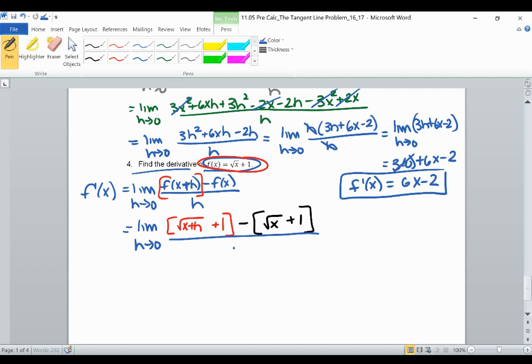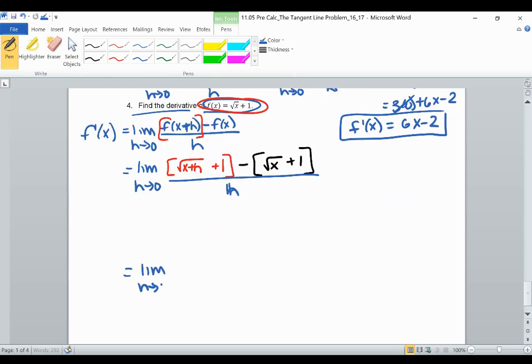Okay, let's combine our like terms. We don't have to FOIL here, which is nice.